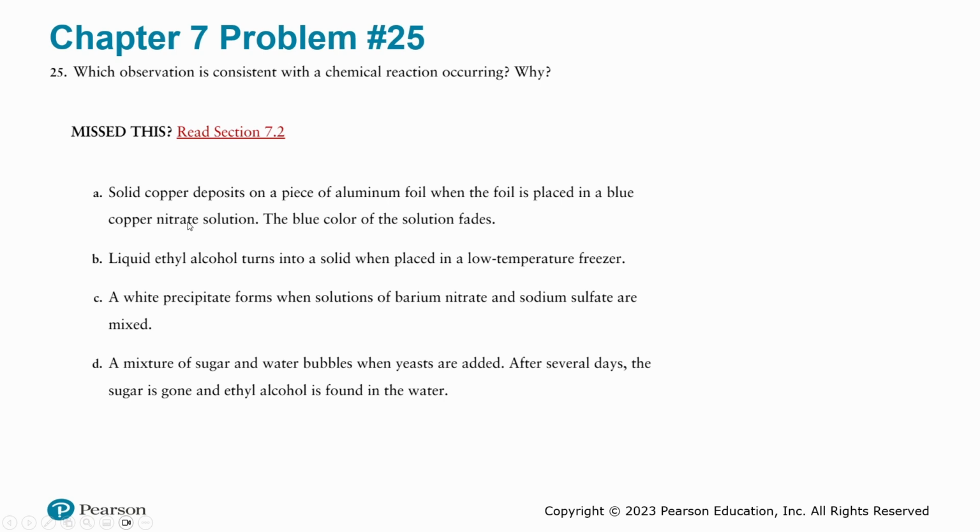That's a very blue color. And then that color changes to clear and colorless, and you see copper metal depositing on the aluminum foil. This is a clear and classic sign of a redox reaction. You're transitioning aluminum metal into the solution. It's becoming aluminum nitrate, and the copper is getting reduced and becoming copper metal again.